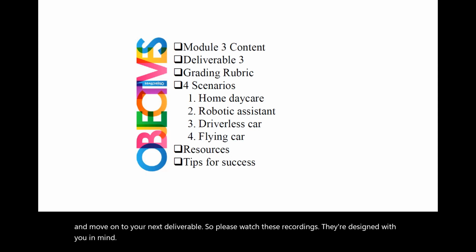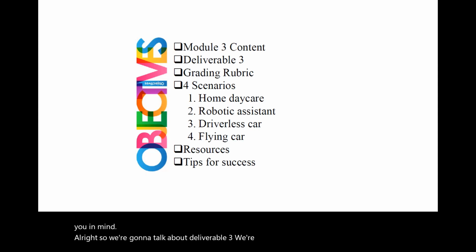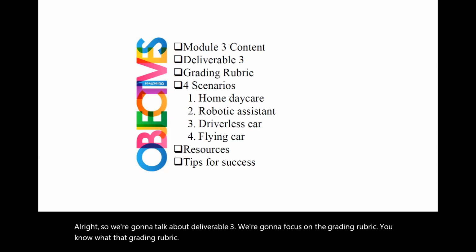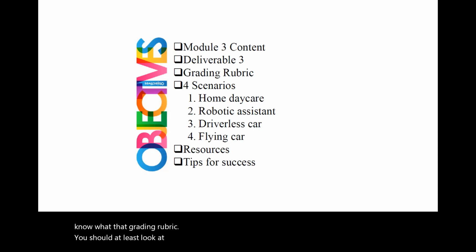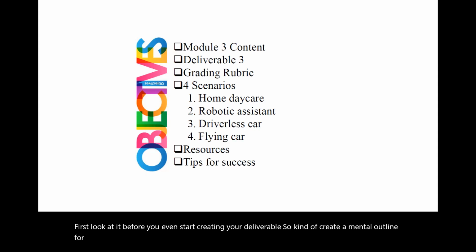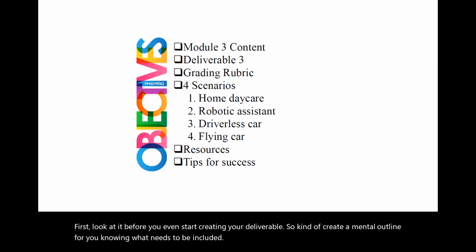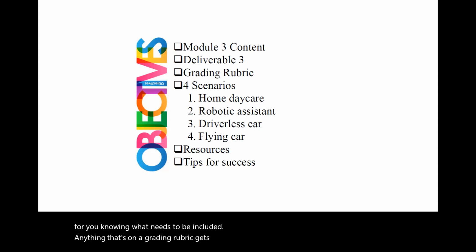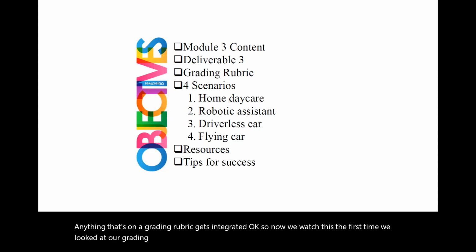All right, so we're going to talk about deliverable 3. We're going to focus on the grading rubric. You should look at that grading rubric at least 2 different times. First, look at it before you even start creating your deliverable, so you create a mental outline, knowing what needs to be included. Anything that's on a grading rubric gets graded. Okay, so now we've looked at our grading rubric the first time. Now we're going to go write our deliverable.